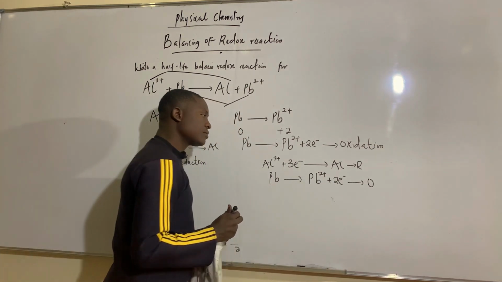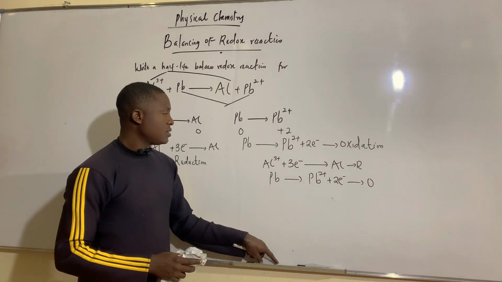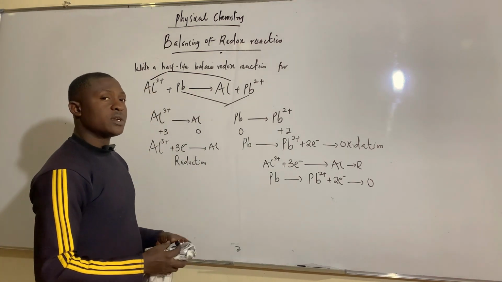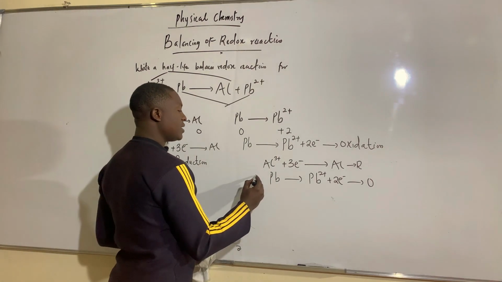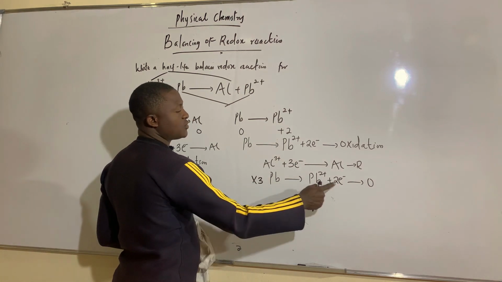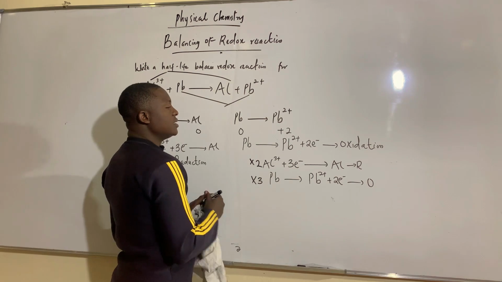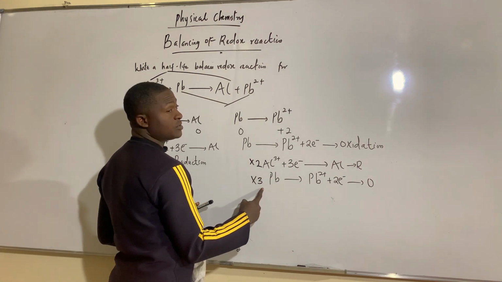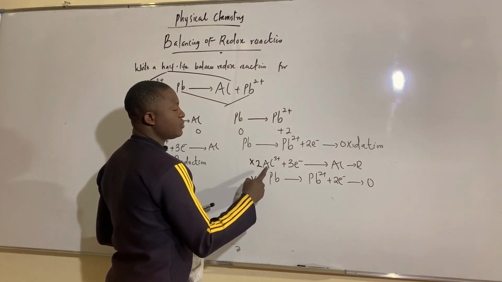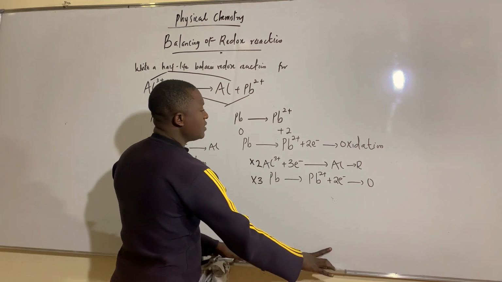So now, how will I go with that? So here we subtract 3. That means I have to multiply this by 3. So here we subtract 2. We have to do it just like you are doing simultaneous equations. The number of electrons you subtract from the first one, you use to multiply the second one. The number of electrons you subtract from the second one, you use to multiply the first one.